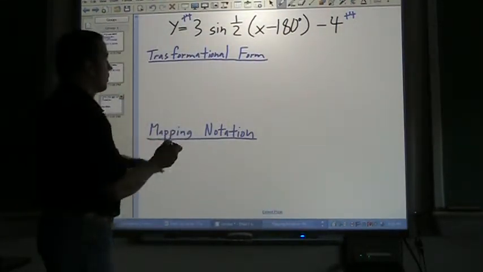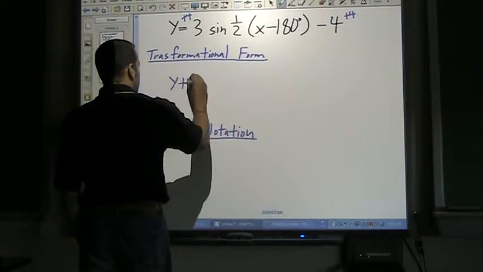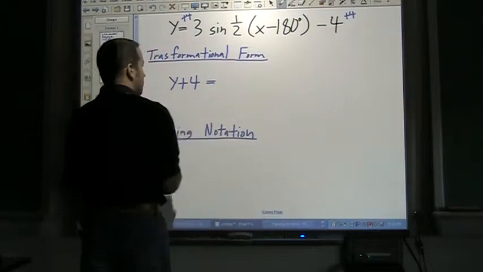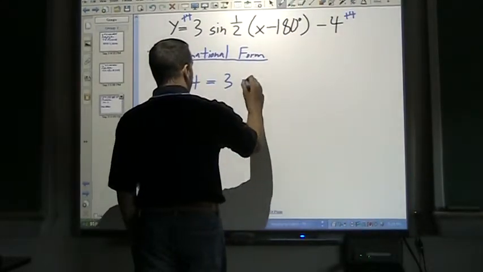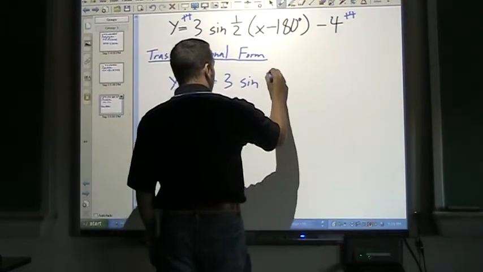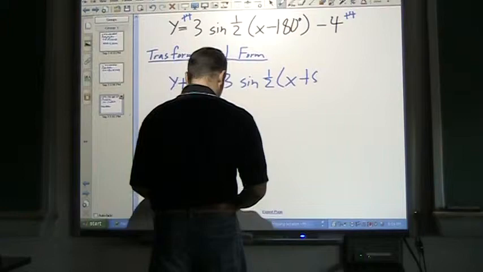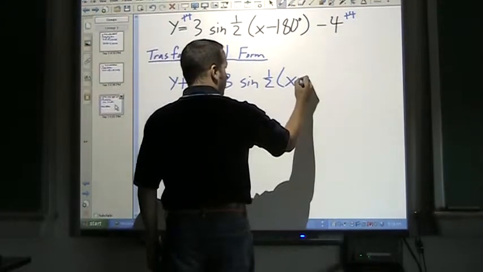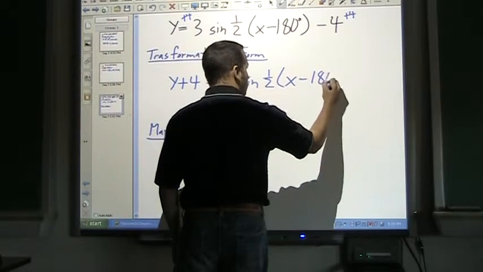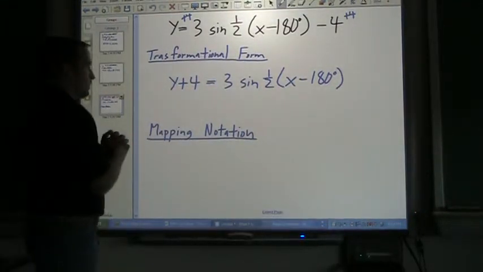So add 4 to both sides. This is going to disappear. I'll have y plus 4 is equal to 3 sine (1/2 x minus 180 degrees).